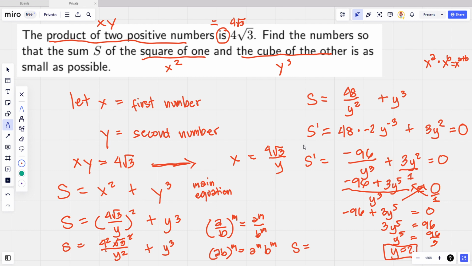We could make use of our given equation, xy equals 4 square root of 3. We have x times 2 is equal to 4 square root of 3. Then we divide both sides of the equation by 2 so that we get our value of x. 4 divided by 2 is just 2, so we get 2 square root of 3.